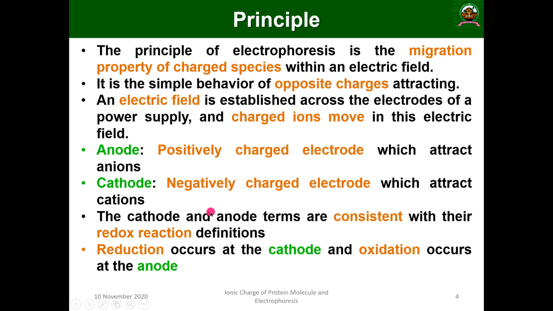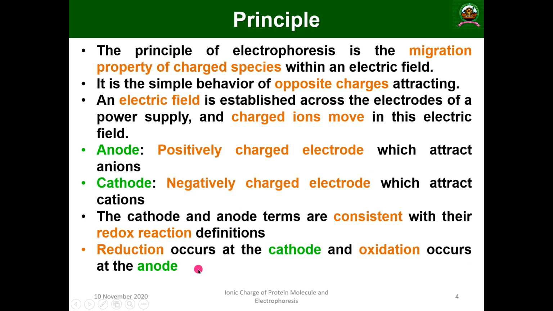The cathode and anode terms are consistent with their redox reaction, that is oxidation-reduction reaction, definition. So reduction always occurs at the cathode and oxidation always occurs at the anode.